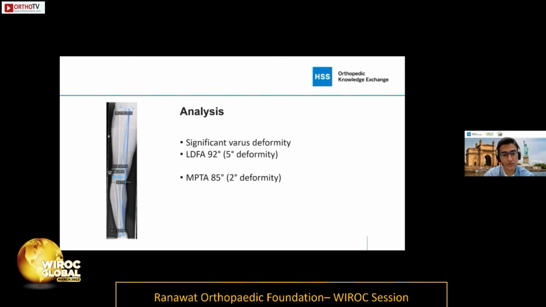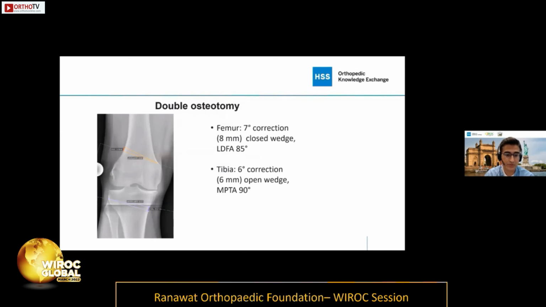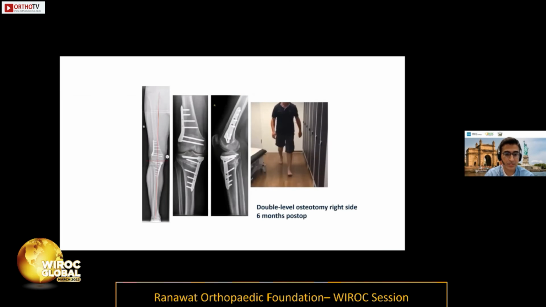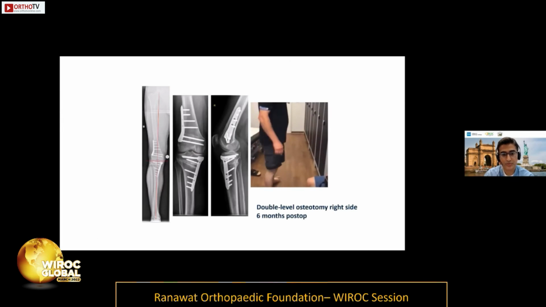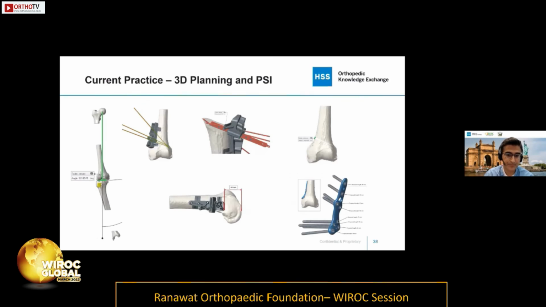So in this case, if you do your planning, the MLDFA is 92, MPTA is 85. So there is metaphyseal deformities in both your bones. So rather than correcting this all through the tibia, which would give you an MPTA of 100 and require a 21 millimeter opening, not to mention the obliquity of the joint line, if you split it with a femoral and tibial correction, what you can achieve is a neutral mechanical axis, a normal joint line, and a happy patient.